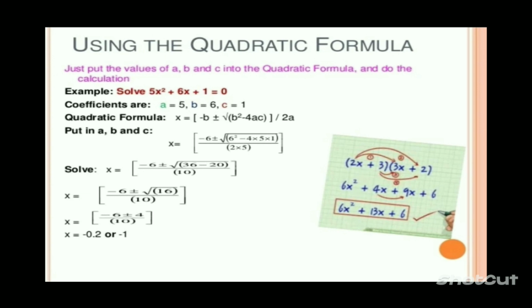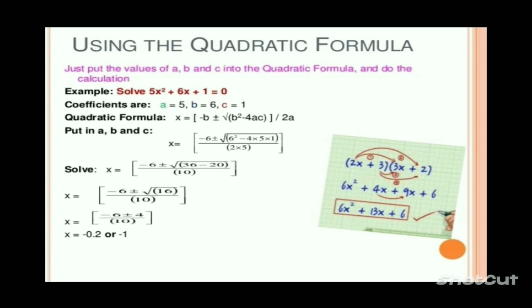As we tackled earlier, the quadratic formula is x equals negative b plus or minus the square root of b squared minus 4ac over 2a. So put in a, b, and c. So x equals negative 6 plus or minus the square root of 6 squared minus 4 times 5 times 1, over 2 times 5.